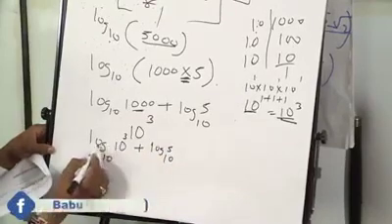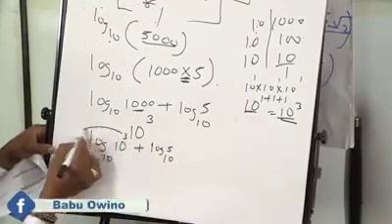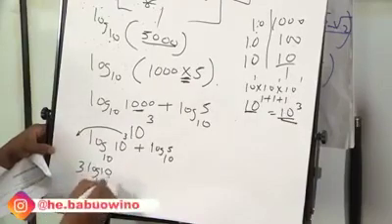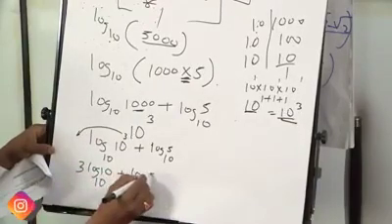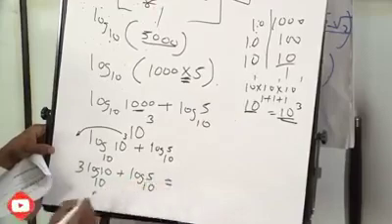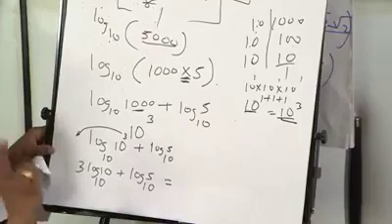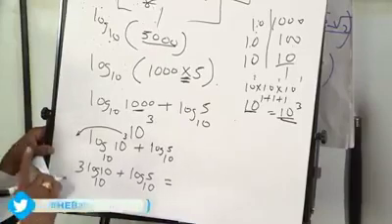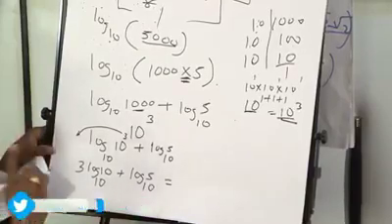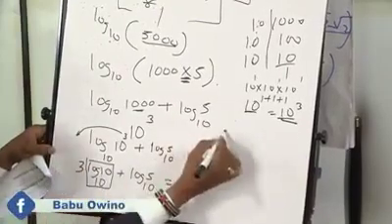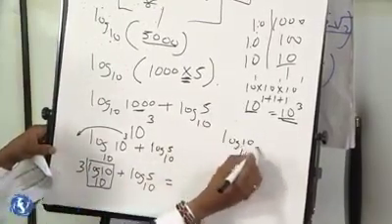So log 10 to power 3, you can drop this 3 down. It becomes 3 log 10 to base 10 plus log 5 to base 10. Any log to its own base: log 1 to base 1 is 1, log 2 to base 2 is 1, log 10 to base 10 is 1.